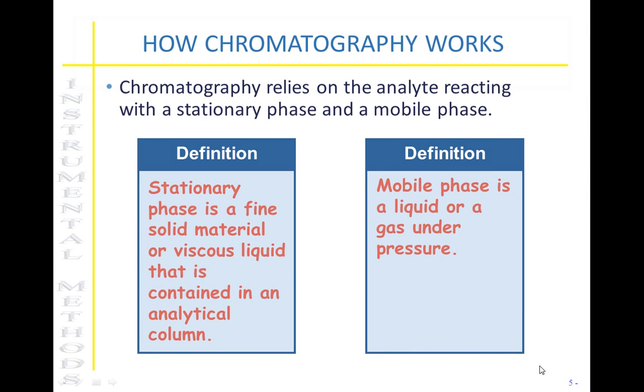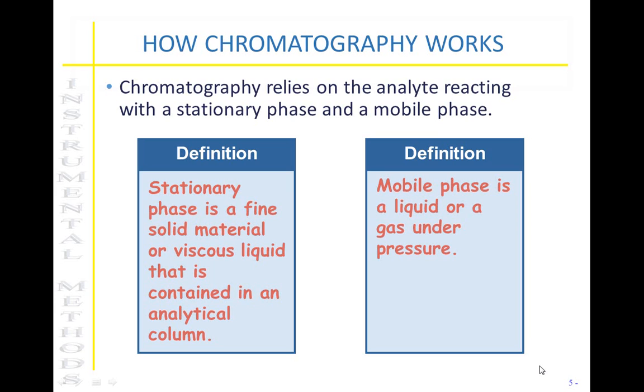The stationary phase is going to, in most instances, be a very finely ground solid material, or in some instances a liquid that's going to be contained in an analytical column.